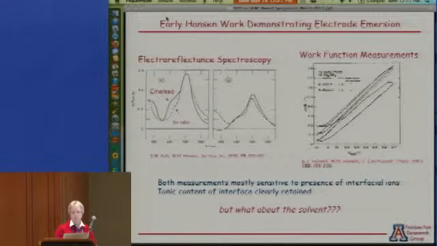And in fact, of the measurements that he did do, he came to the conclusion that there was never any solvent around. And in the early 90s, when we got back to this, we proved that that was not correct.